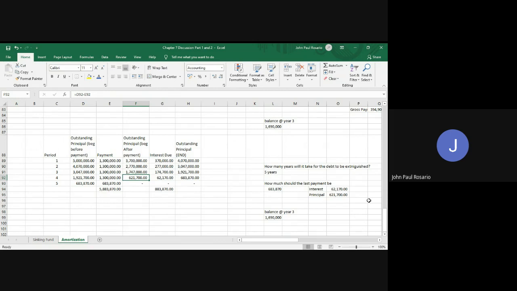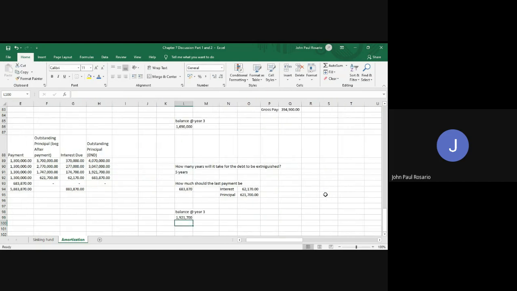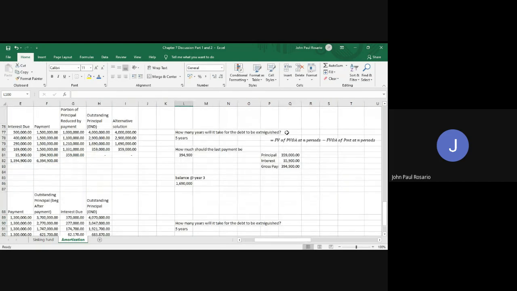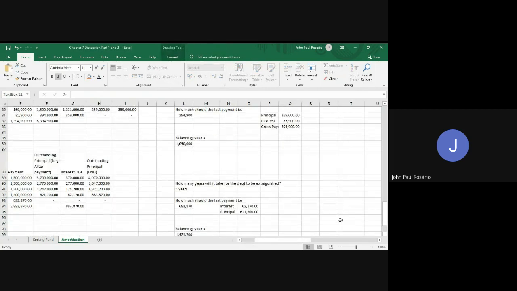Now, let's see if we can make use of this formula. Balance at year 3. I'm not sure kung unsa ang makuha, but let's try. Okay?